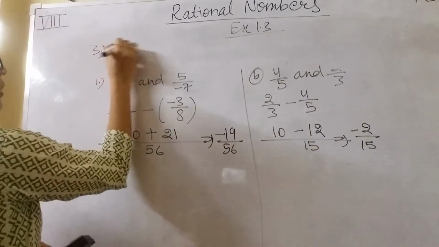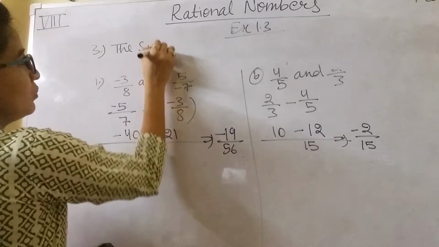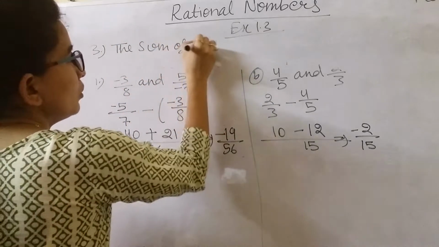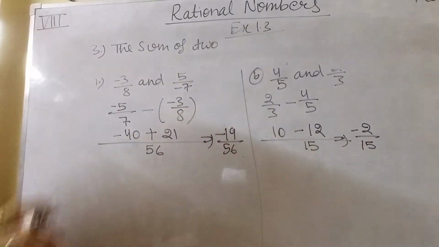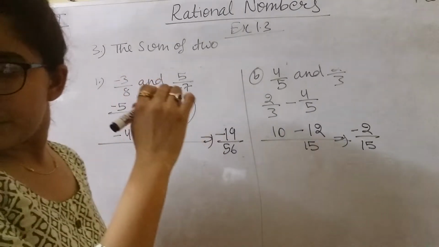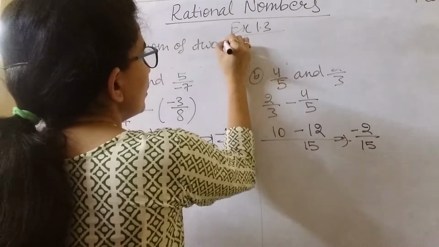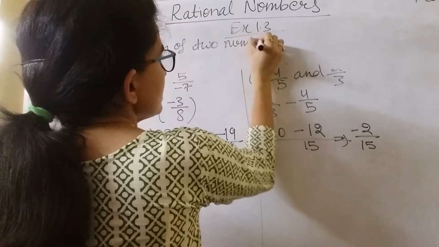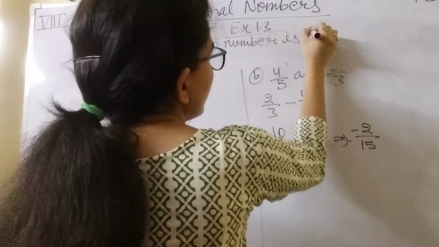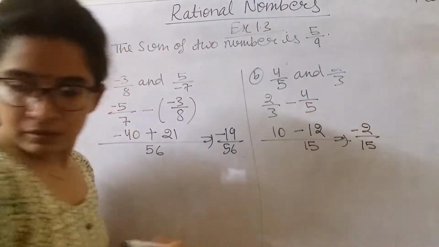Question number 3. The sum of two rational numbers is 5 by 9.